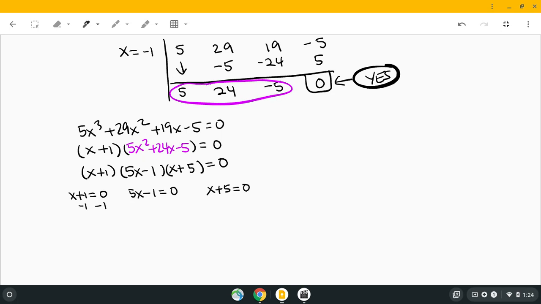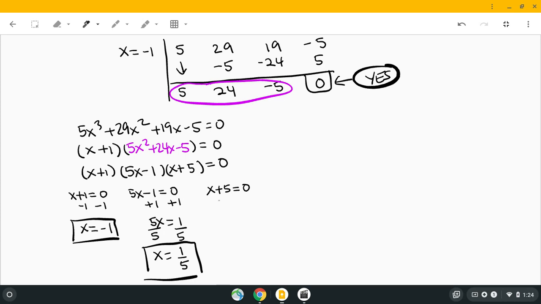Subtract 1, x equals -1. There's one solution. Add 1, 5x equals 1, divide by 5, x equals 1/5. That's solution number 2. And then over here, subtract 5, x equals -5. And there's solution number 3.